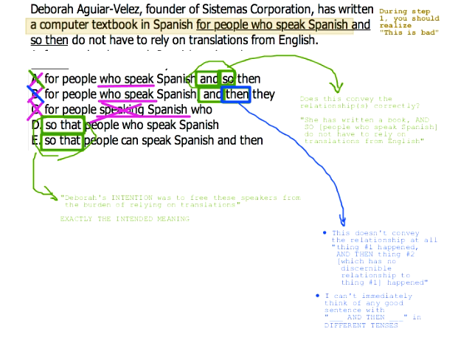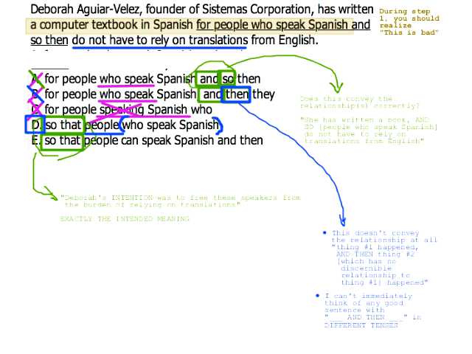Okay, between D dog and E elephant, notice there's a message. The message is different. The message of D dog is so that these people do not have to rely on translations. That's the point. She wrote these books so that they don't have to rely on translations. That is the intended meaning.